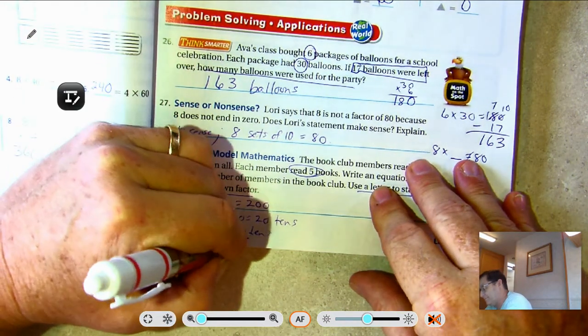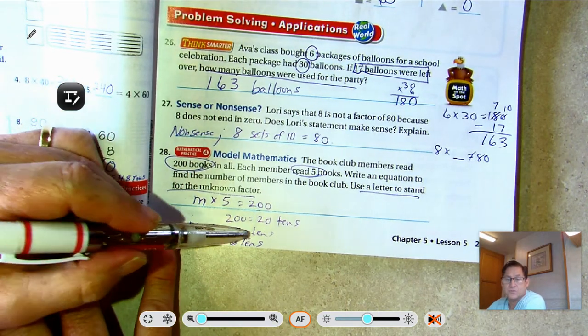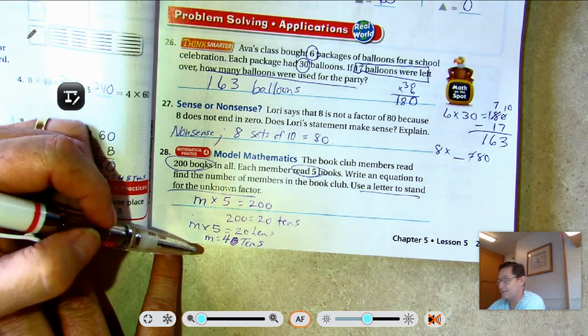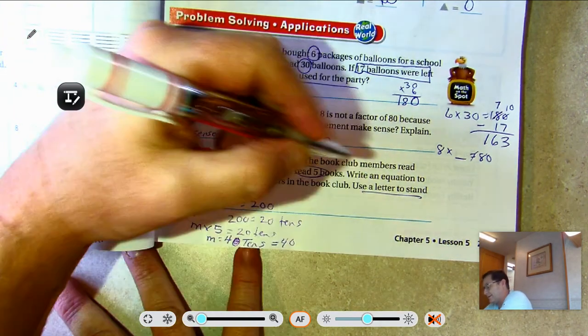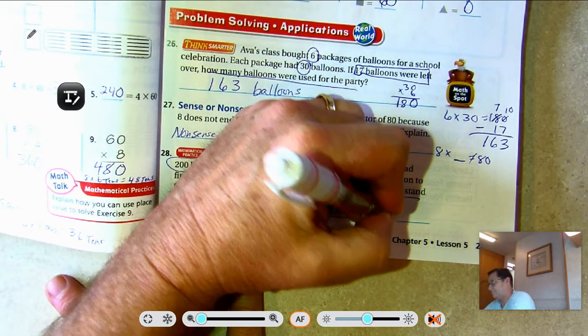Let me write it like this. We were trying to find what number times 5 gives us 20 tens. 4 tens. 5 times 4 tens is 20 tens. 4 tens is 40. So there are 40 members.